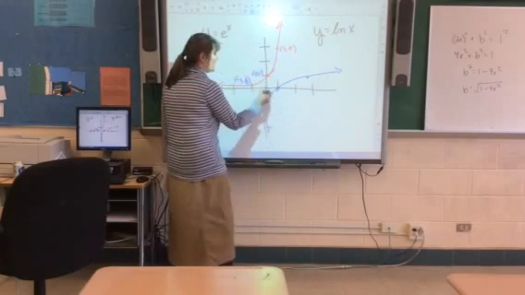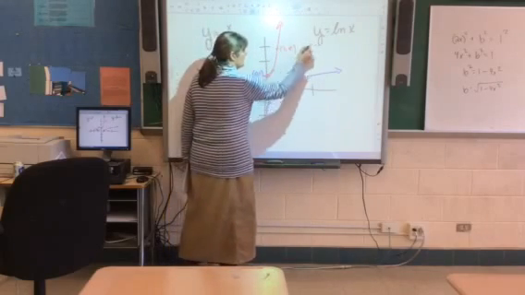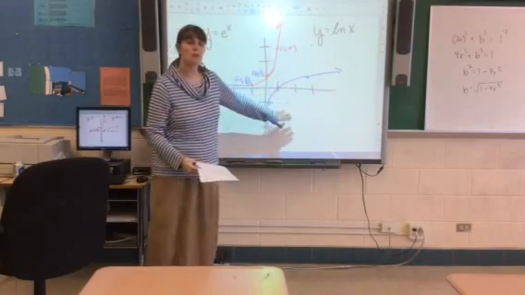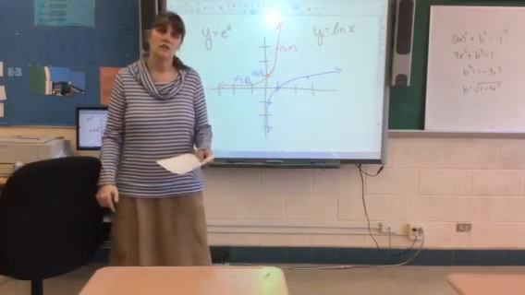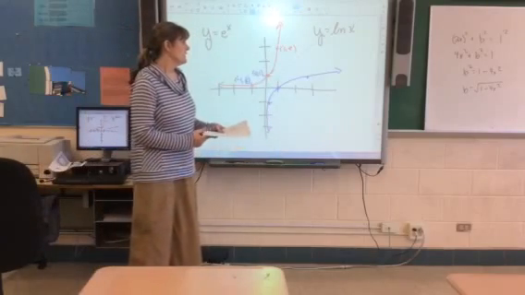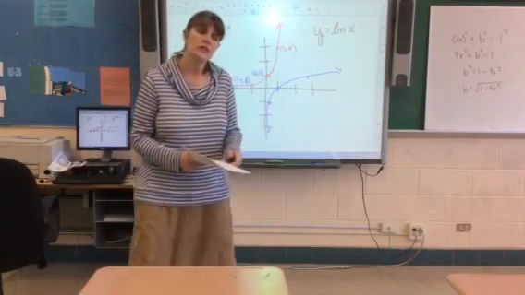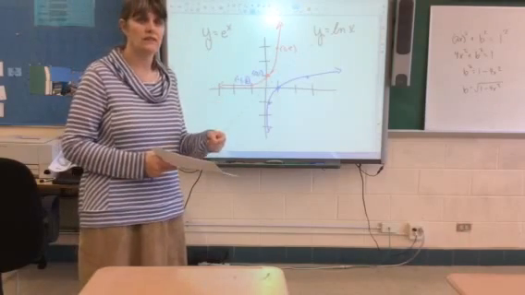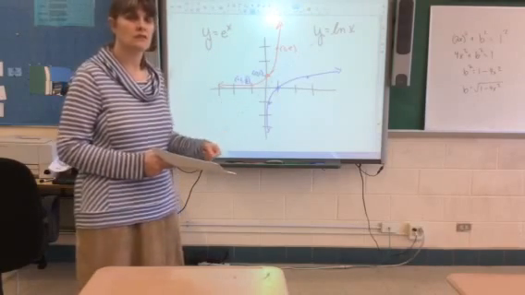If we look at that line y equals x, we can in fact see that if we were to fold the paper across that line, those functions would reflect. Now, the thing that we're going to be looking at here in section 5.3 is what's the derivative of the inverse function?